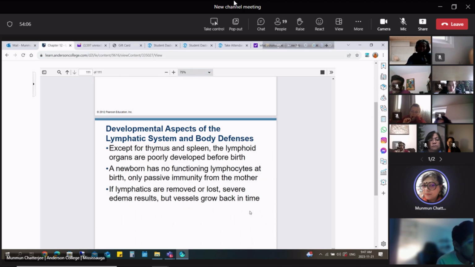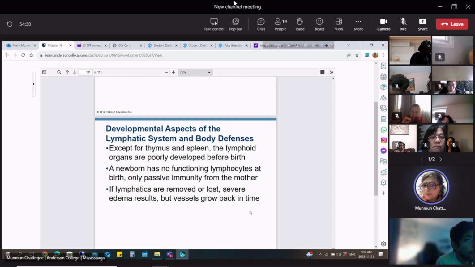A newborn has no functioning lymphocytes at birth. So that's why they are very exposed to disease. That's why when the newborn comes, you have to protect them, and slowly they get exposure and build their immunity.